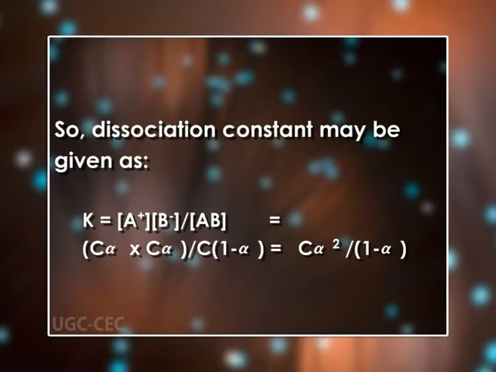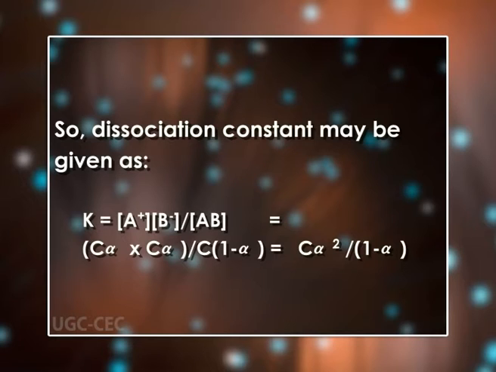So, the dissociation constant may be given as K equal to the concentration of A+ into the concentration of B- divided by the concentration of AB, which is equal to C alpha multiplied by C alpha divided by C multiplied by (1 minus alpha).